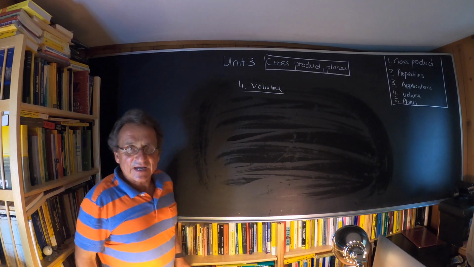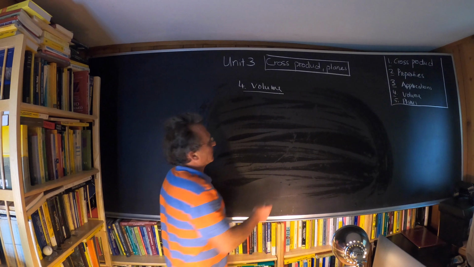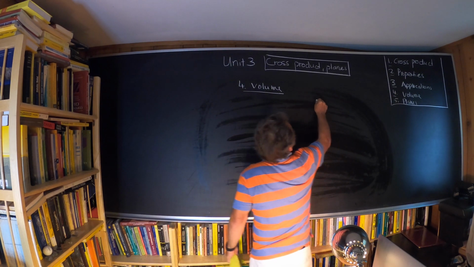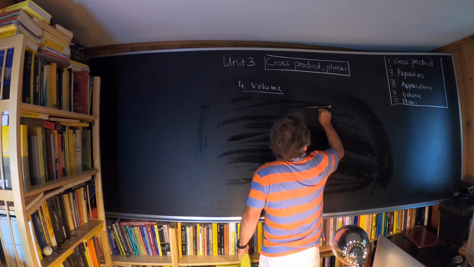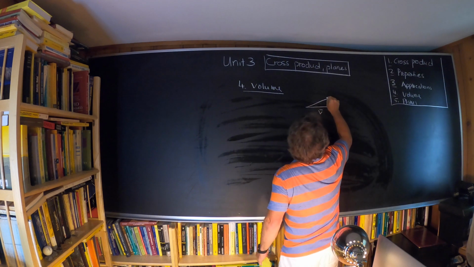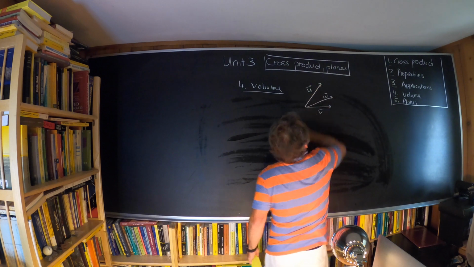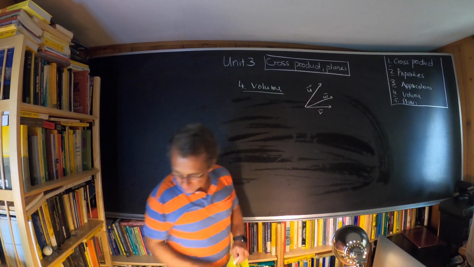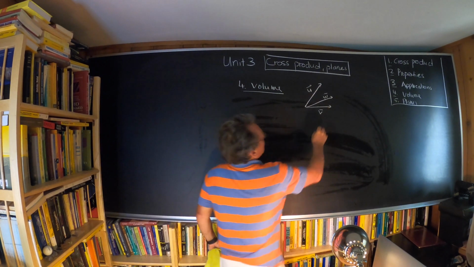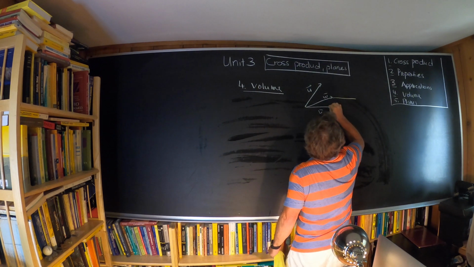So, if we have three vectors, then we define a parallelepiped. Let me just draw that here. So we have one vector v, we have another vector w, and then a third vector u. So this defines what we call a parallelepiped. First of all, there is a parallelogram here.